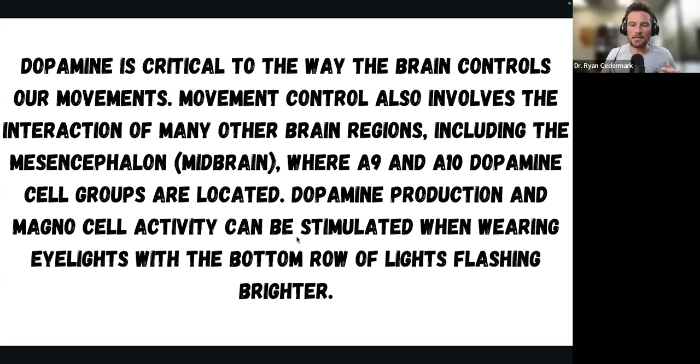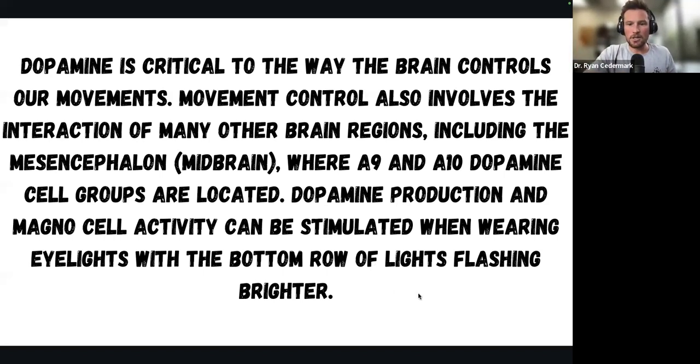With those glasses, if you're trying to do more dopamine stimulation, you can modify the flashing lights so they're brighter in the lower visual field, which will help improve dopamine production. The bottom row of lights, if they're flashing brighter, will improve dopamine production.